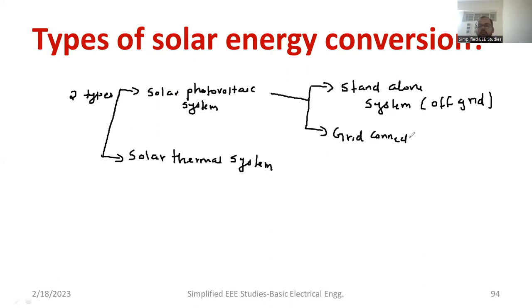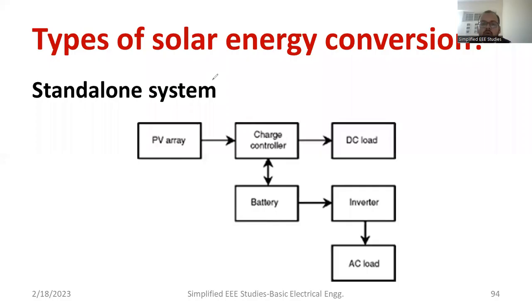Grid-connected system is also known as on-grid system. So these are the broad classification of solar energy conversion system. Now let us discuss solar photovoltaic system first. Later on we can move on to solar thermal system.